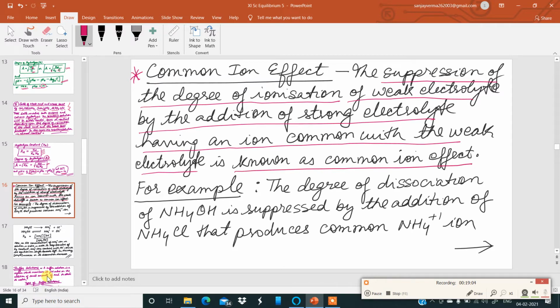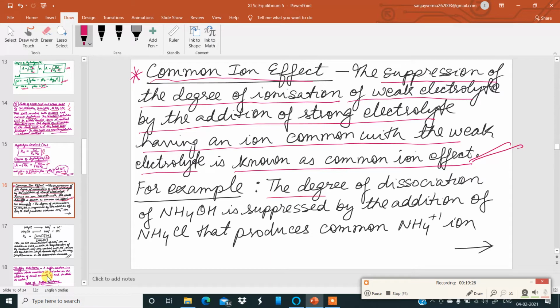I'll explain this very nicely. I repeat the definition once more. If the question is asked what is common ion effect, you have to write it this way: the suppression of the degree of ionization of the weak electrolyte by the addition of a strong electrolyte containing an ion which is common with the weak electrolyte. That is known as common ion effect.